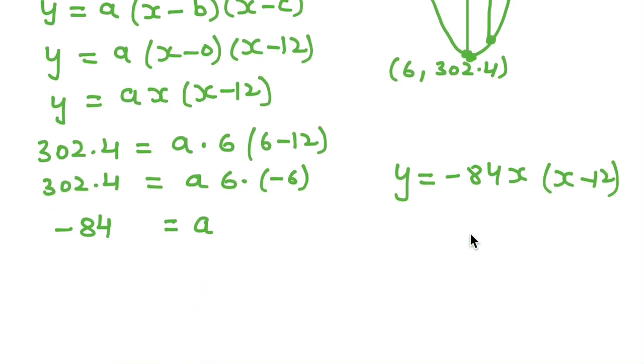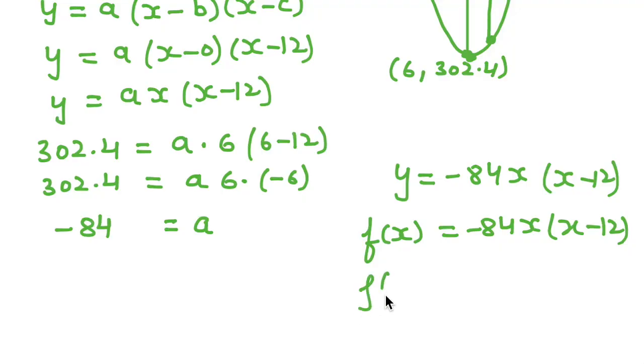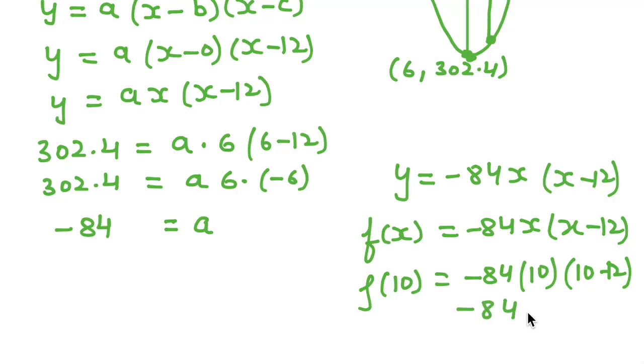Okay, so because I can also write y as f of x, let's write it this way, negative 8.4 times x times x minus 12. So I have to calculate f of 10. That means after 10 minutes. Time is the input here. Negative 8.4 times 10 and 10 minus 12, right? So negative 8.4 times 10 times negative 2.